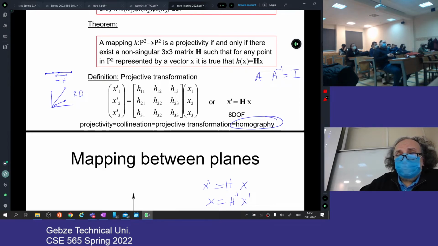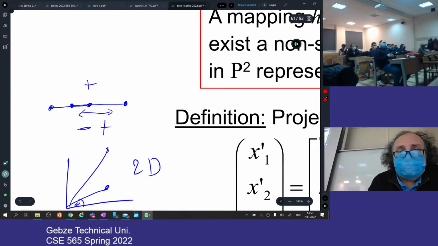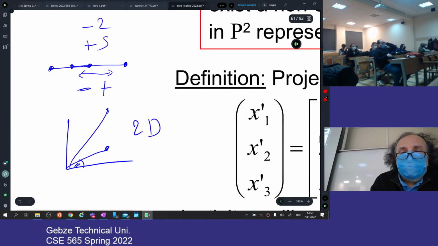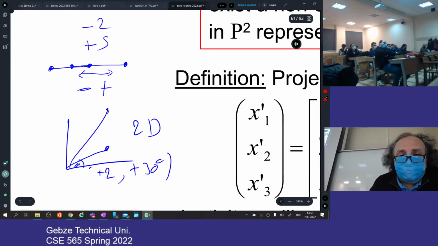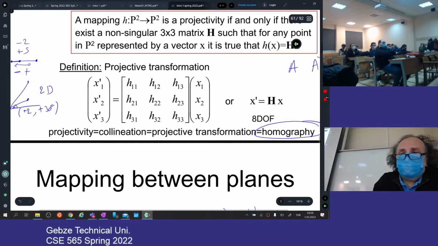Here I can say, make this longer plus 5, or make this shorter minus 2, right? Here I can say, make it longer plus 2, and increase this angle 30 degrees more, 2 numbers, 2 degrees of freedom. But when I come here, I have 9 numbers, but I'm talking about 8 degrees of freedom.